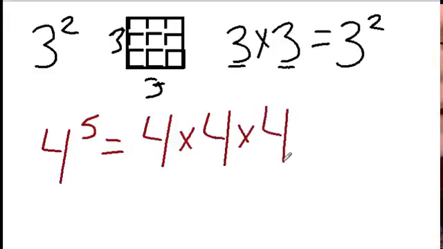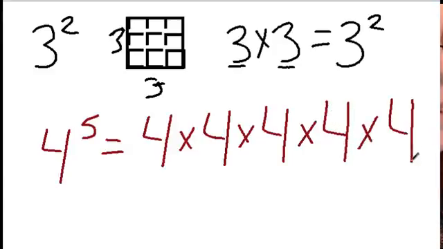How many 4s am I going to do? If you said 5, you are right, because this number right here tells you that you need that many 4s and that you're multiplying them all together. So 4 to the 5th power means 4 times 4 times 4 times 4 times 4. So that is exponents.